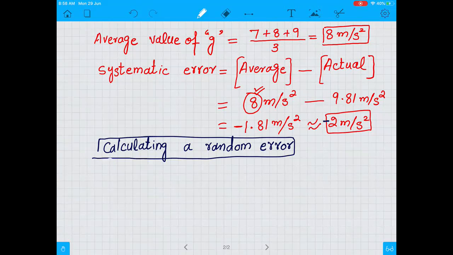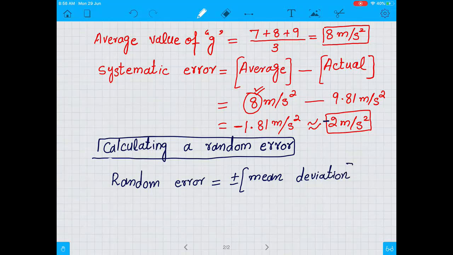To calculate the random error, you must know that random error in an experiment is generally plus minus mean deviation. So the random error is equal to plus minus the mean deviation. Now to calculate the random error in the given experiment or in some other experiment, you have to calculate the mean deviation. What is the mean deviation?